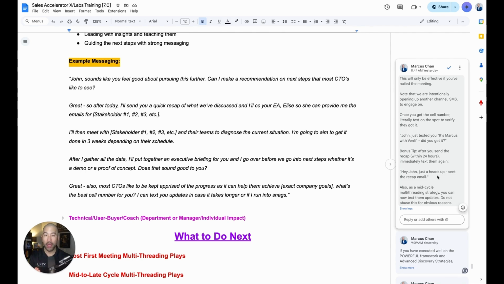Now, on top of that, we'll talk about more, but as a mid-cycle multi-threading strategy, you can text them different updates. This is just to keep them in the loop. That's all it is. Obviously, do not abuse this, for obvious reasons, but you can leverage this as a way to keep them apprised. Because remember, they probably get at least a couple hundred emails a day. I think back to when I was a director at a Fortune 500, I got over 200 emails a day.